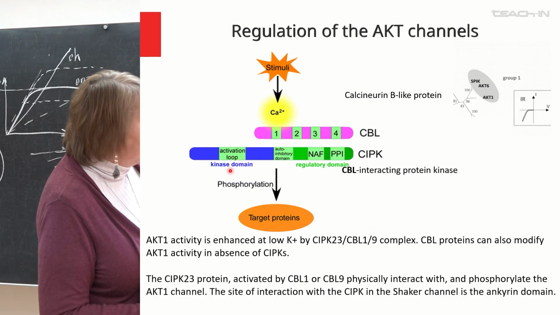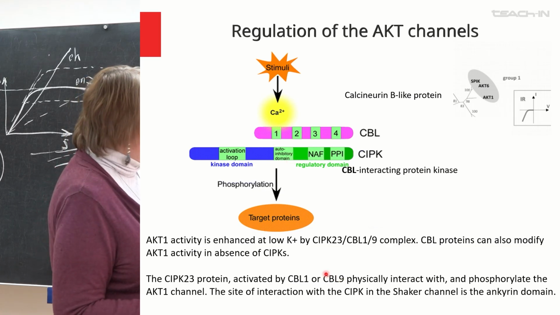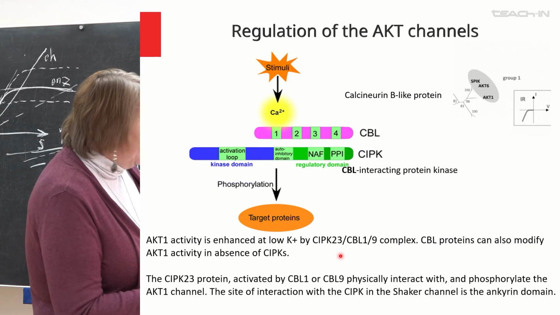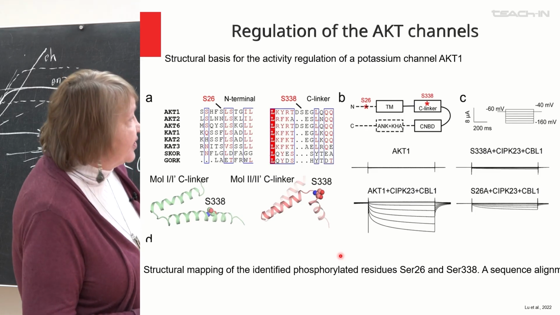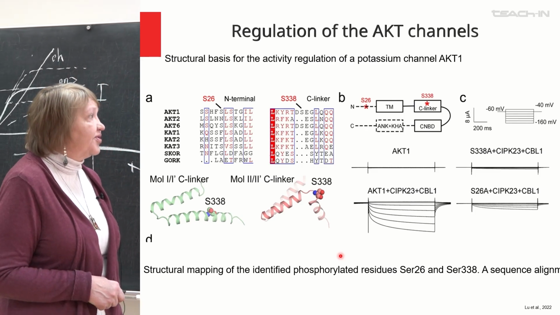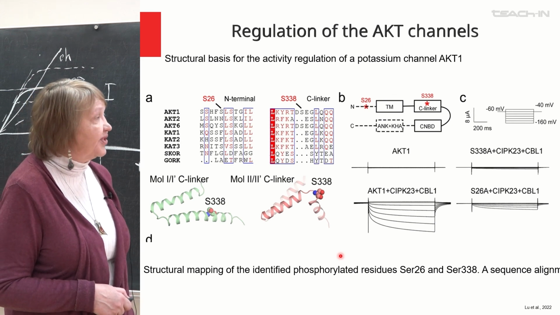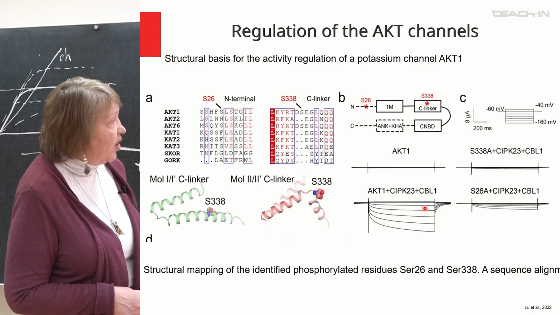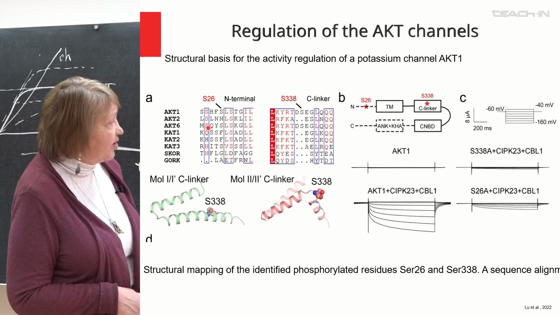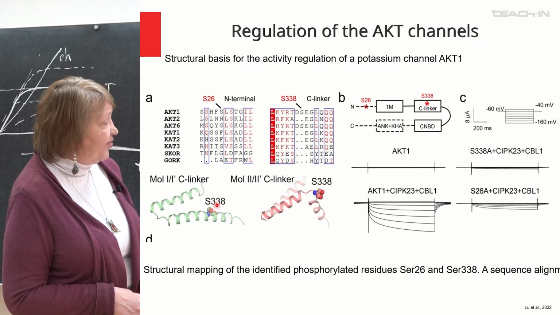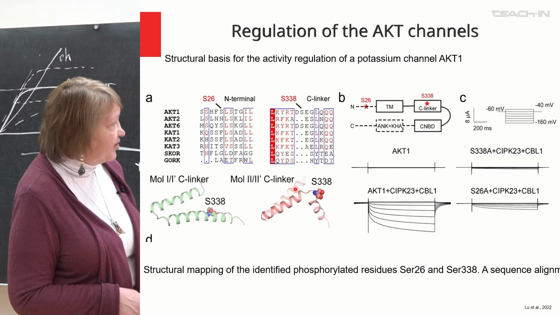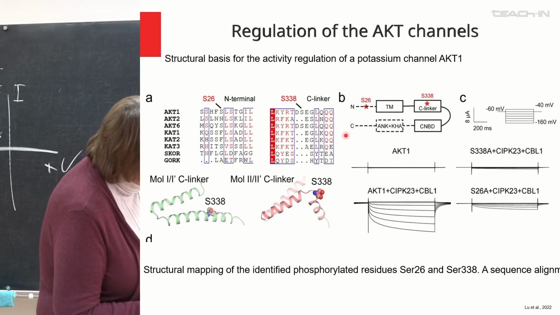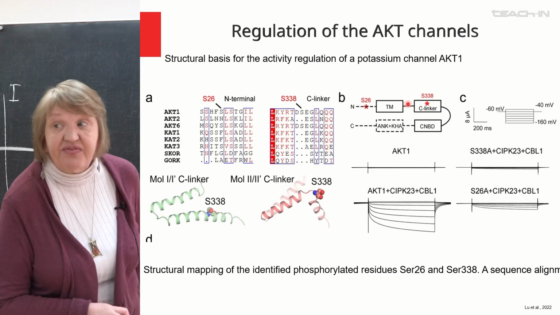This kinase, when activated by CBL1, specifically interacts with and phosphorylates the AKT1 channel. So here is the latest paper on the structural basis of regulation of this AKT1. It's quite interesting. There are two serine residues, one is serine 338 and another is serine 26, and they are being phosphorylated.